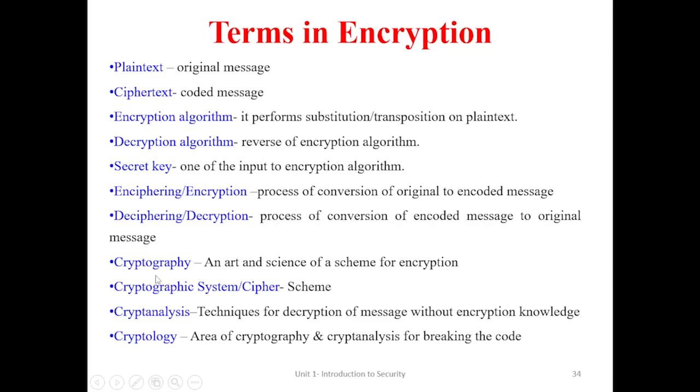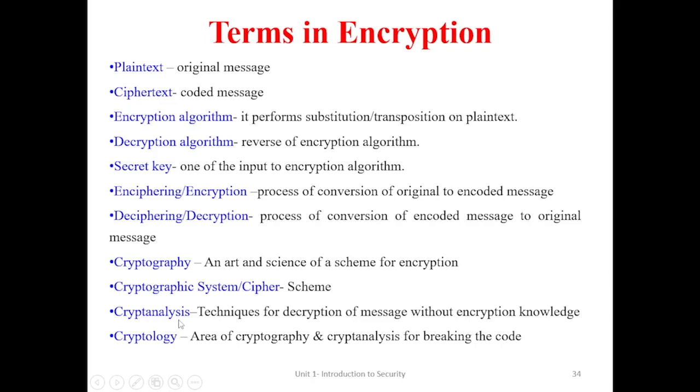Cryptography is the study of the art and science of schemes. Those schemes are used for better encryption mechanisms. A cryptographic system is also termed a cipher, which is a scheme, that means a technique.